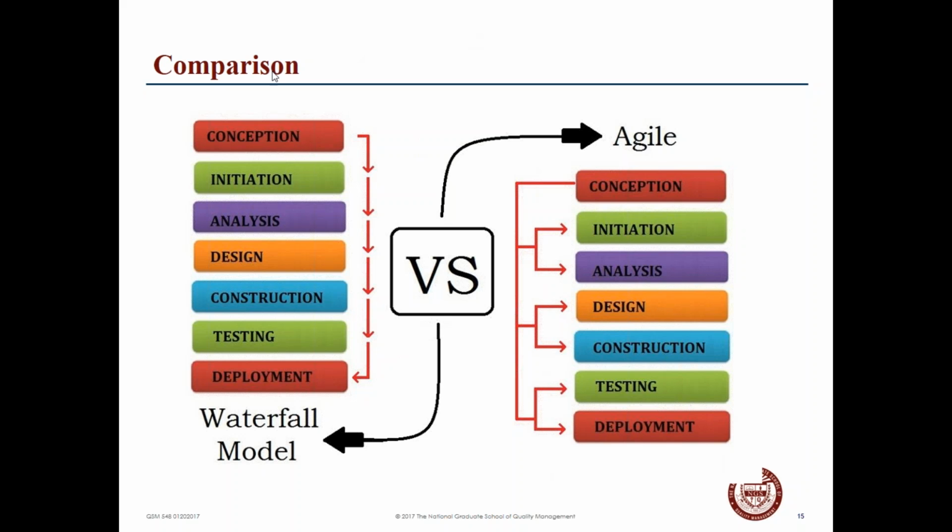On the left-hand side, we're looking at what's the concept, how do we develop, then the steps towards initiating a strategy, analyzing the steps, the processes involved, doing our appropriate design, build, test, and deploy. That's where again, cascading from the top down.